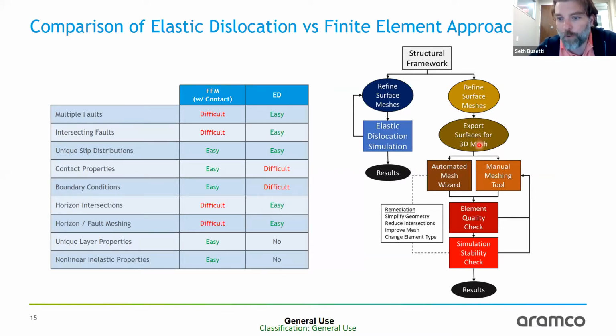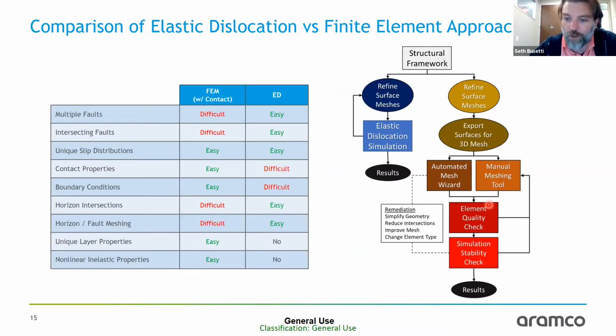and then having to export them and build out a 3D mesh. In this case, I used an automated meshing wizard in a commercial software, but you could also use a manual meshing tool, where you go by hand, picking elements and adjusting nodes and stuff like that.